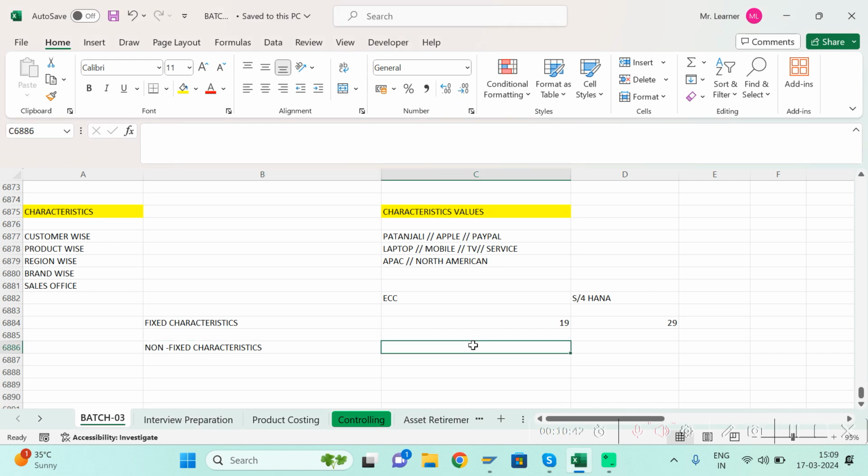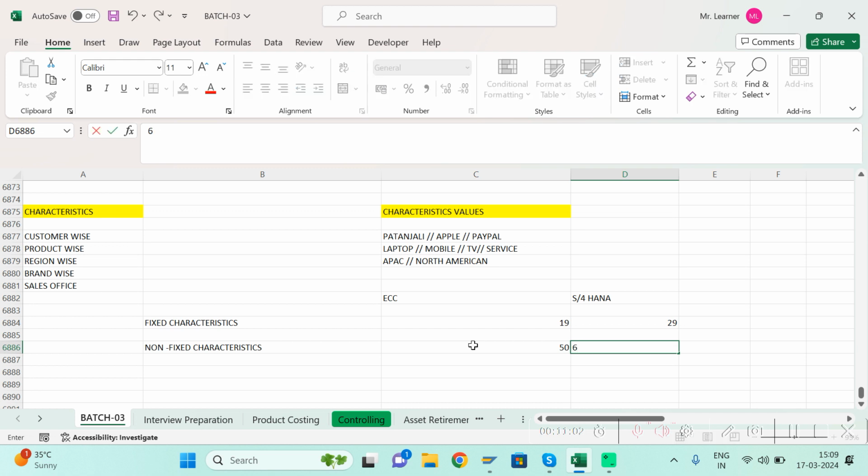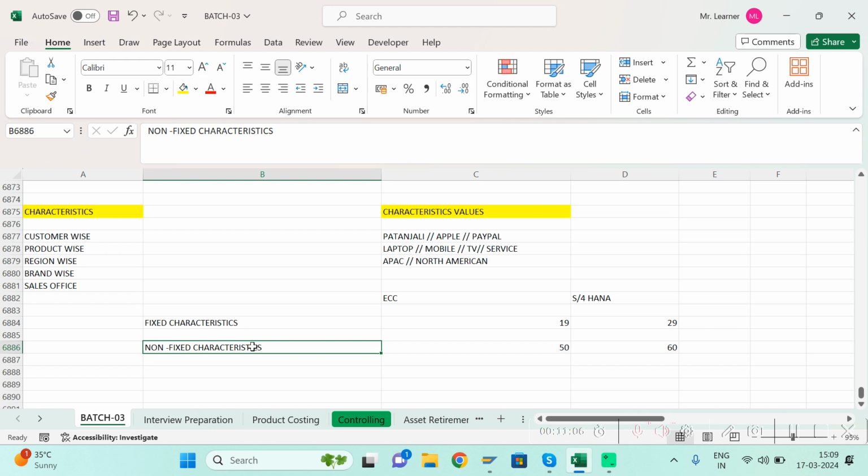non-fixed characteristics in ECC you have only 50 you could use, sorry, it was 50, but in S4HANA you have 60. So in S4HANA non-fixed characteristics you can add 60, but in ECC it was only 50.